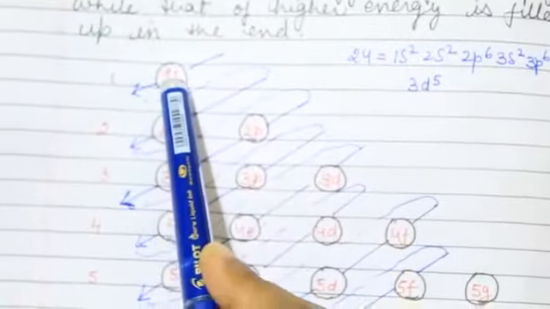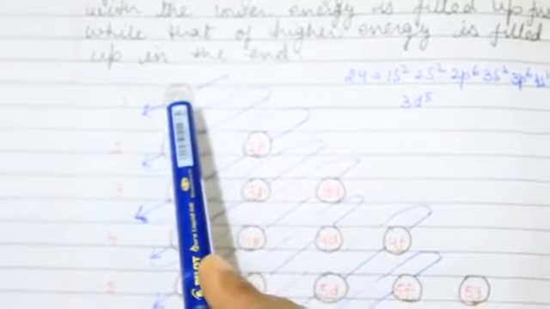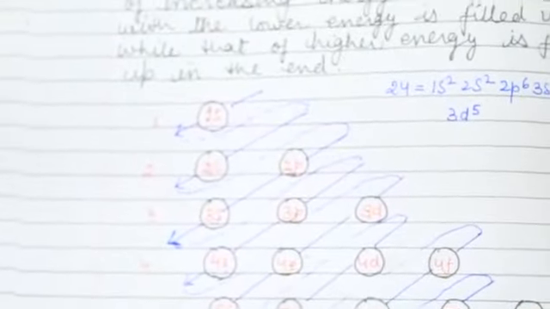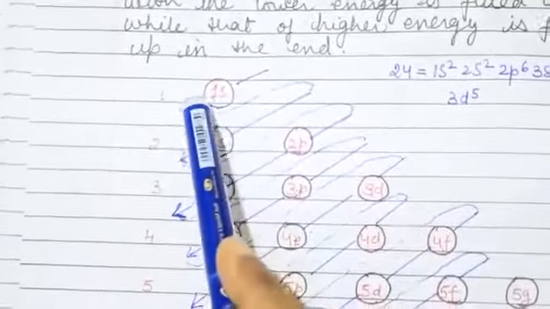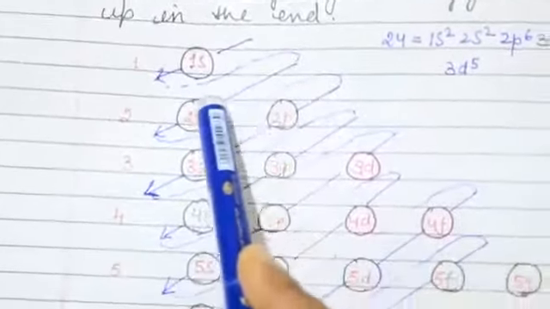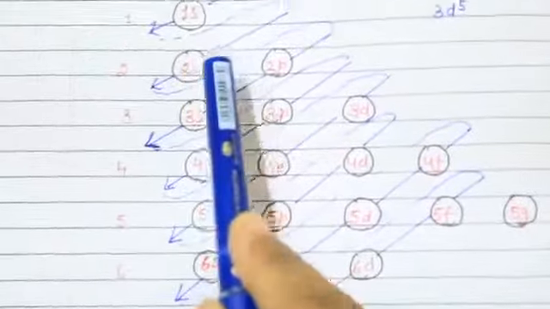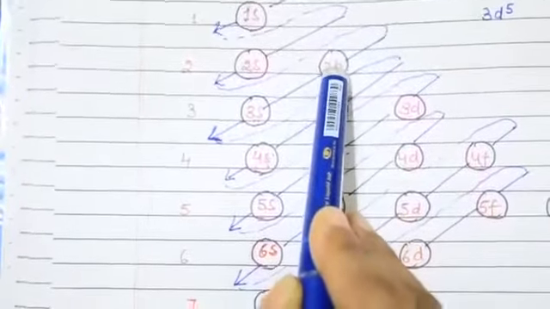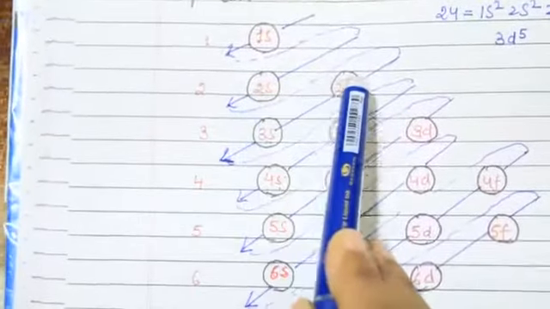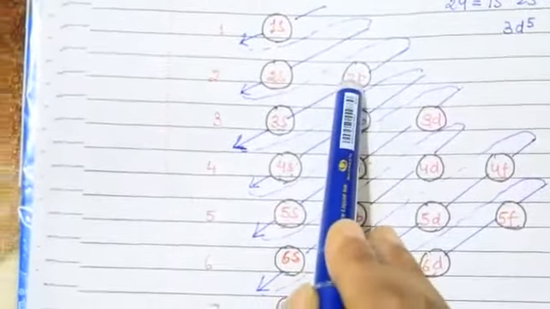For example, this is the first orbital, so we fill the electrons in 1s first, as it has low energy. As we go further, we have 2s. Now we fill the electrons in this orbital. Further, there is 2p, which is a higher energy level as compared to 2s. So further we fill 2p.